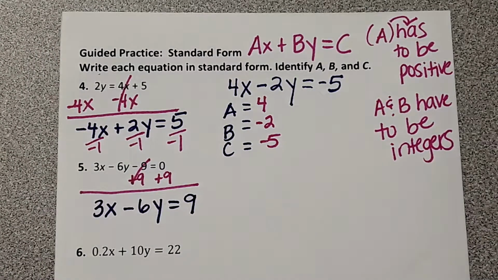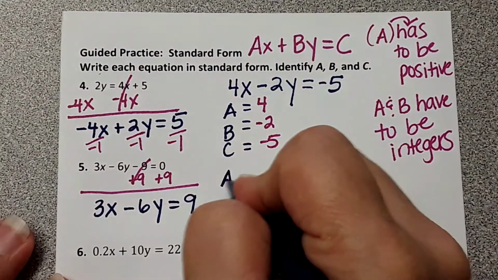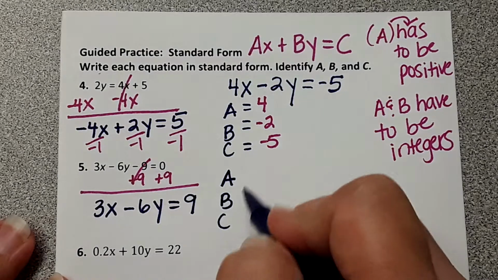So then you just check. Is it in the form of AX plus BY equals C? Okay, is A positive? So then we're good.